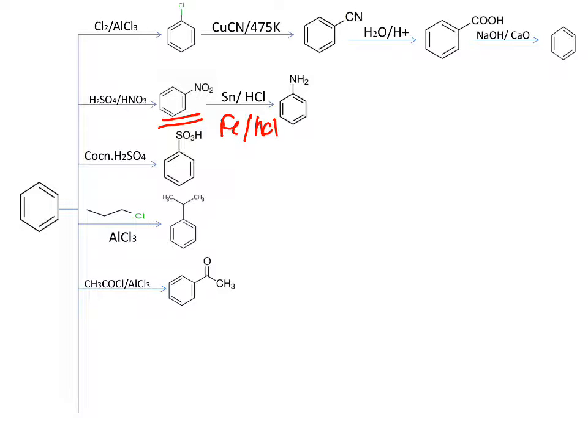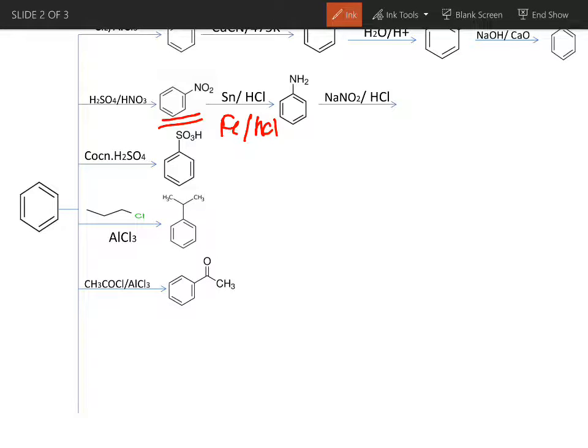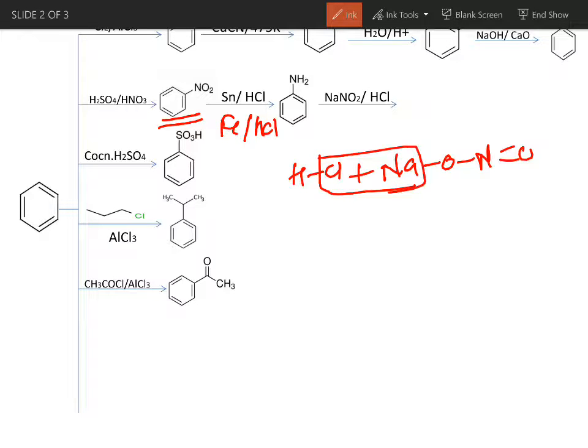Next, aniline is further reacted with a mixture of NaNO2 and HCl. Here, first NaNO2 and HCl will react together: HCl plus NaNO2, NaCl will be eliminated as a salt, leaving behind HNO2. HNO2 is known as nitrous acid, whereas HNO3 is known as nitric acid.